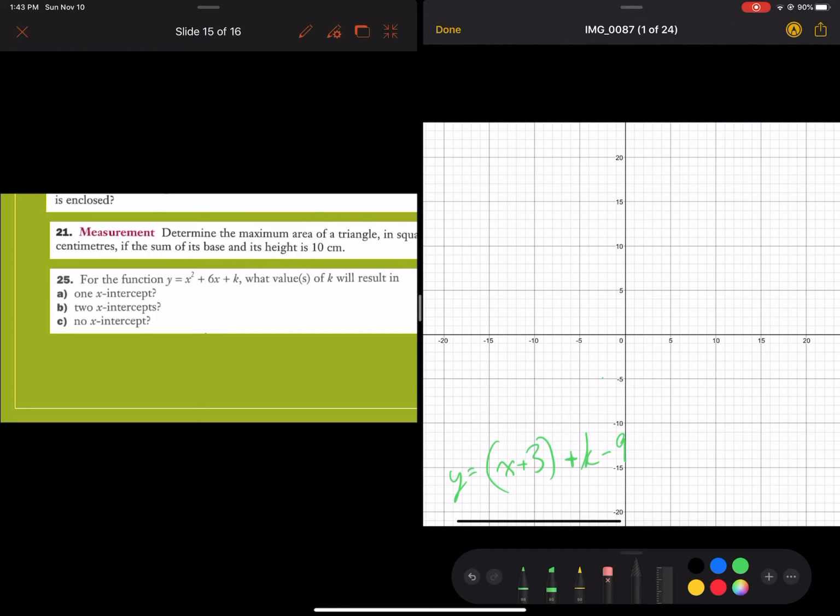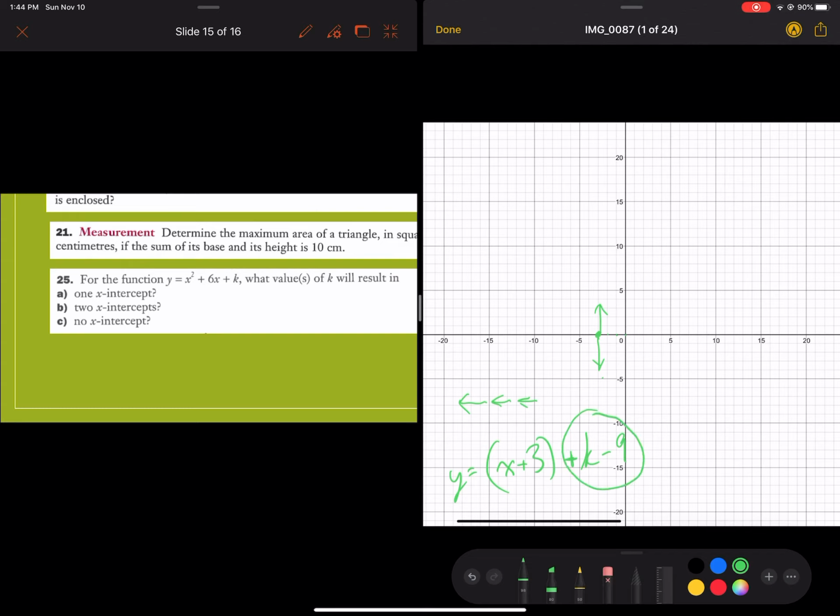Basically what this means is our vertex is going to move 3 units from the origin. Now, 1, 2, 3. Whether it goes up or down depends on this number right there.